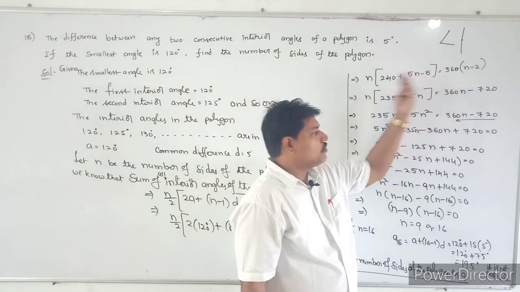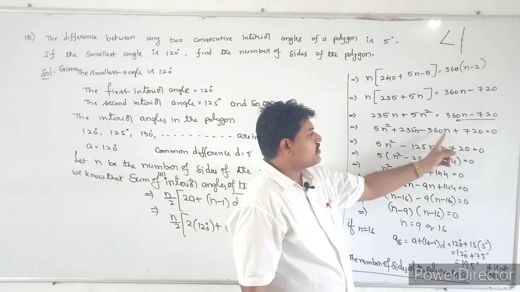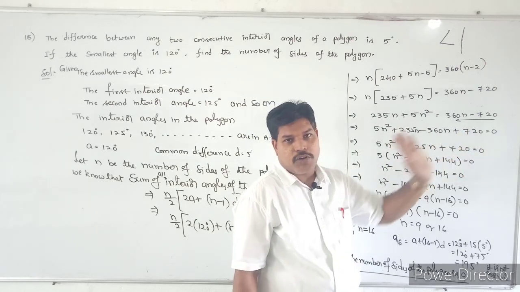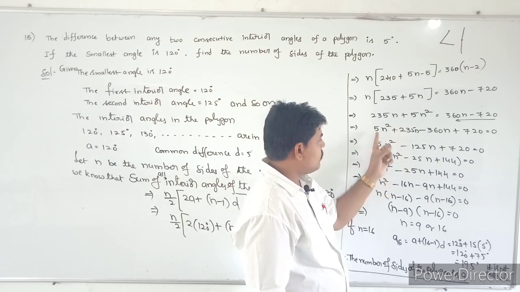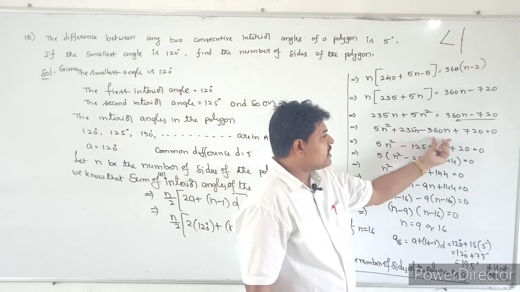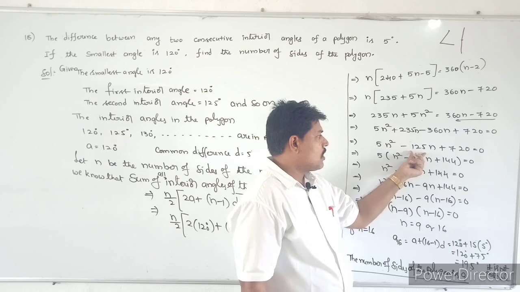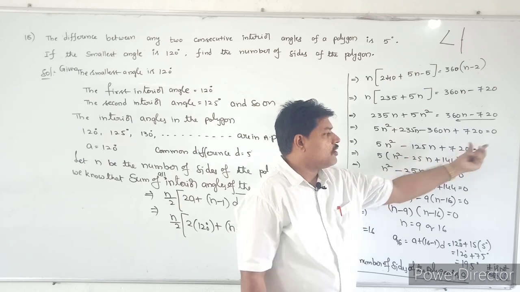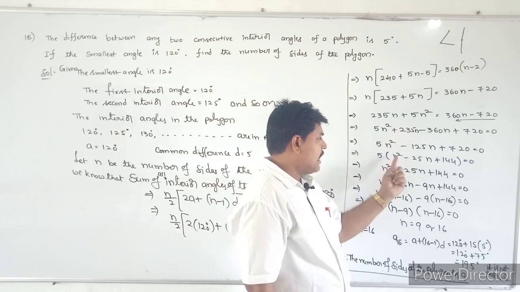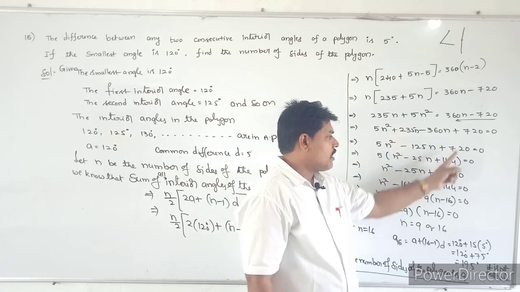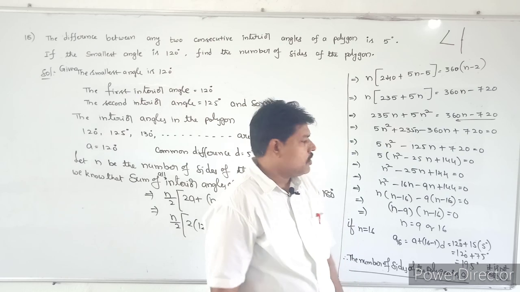Take the two terms to this side: minus 360n plus 720 equals 0. Add the terms: 5n square, 235 minus 360 is minus 125n, plus 720 equals 0. Take 5 common: n square minus 25n plus 144 equals 0.